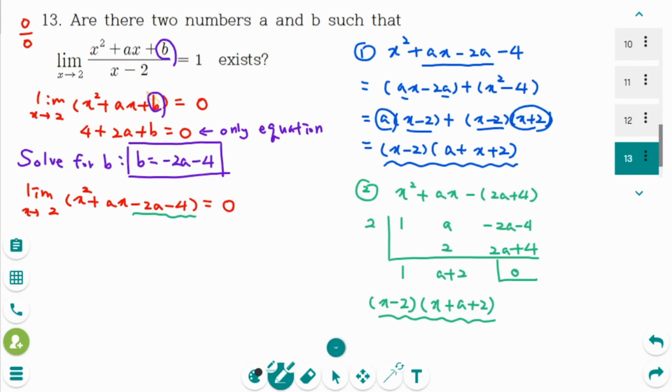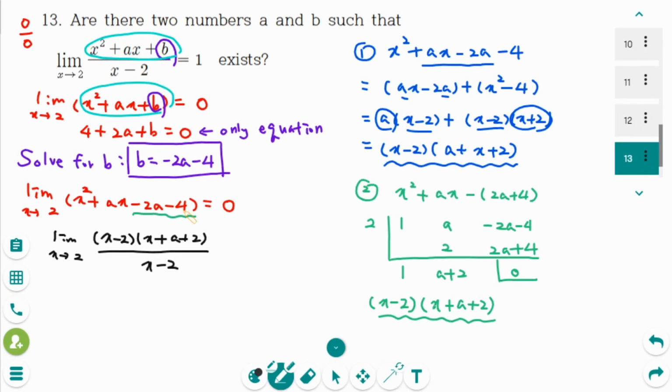Now the original limit question can be rewritten as x minus 2, x plus a plus 2 over x minus 2. The numerator has changed from this one, the same as this one, and here, finally, that one.